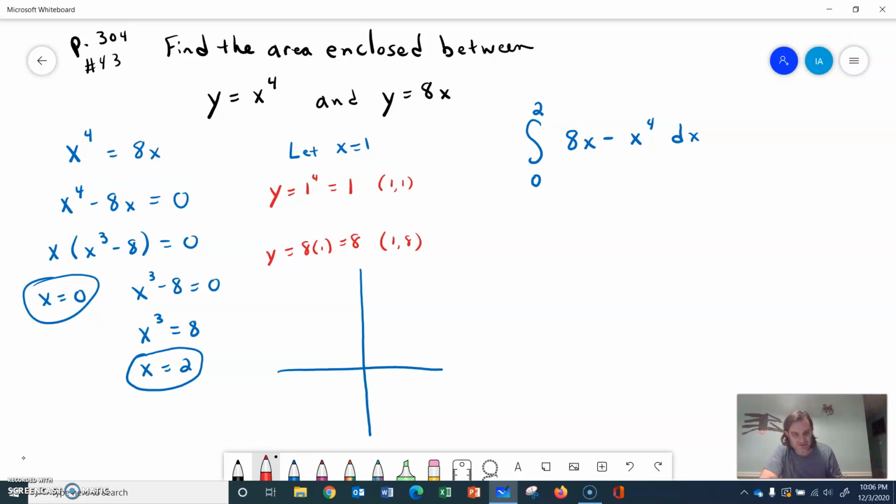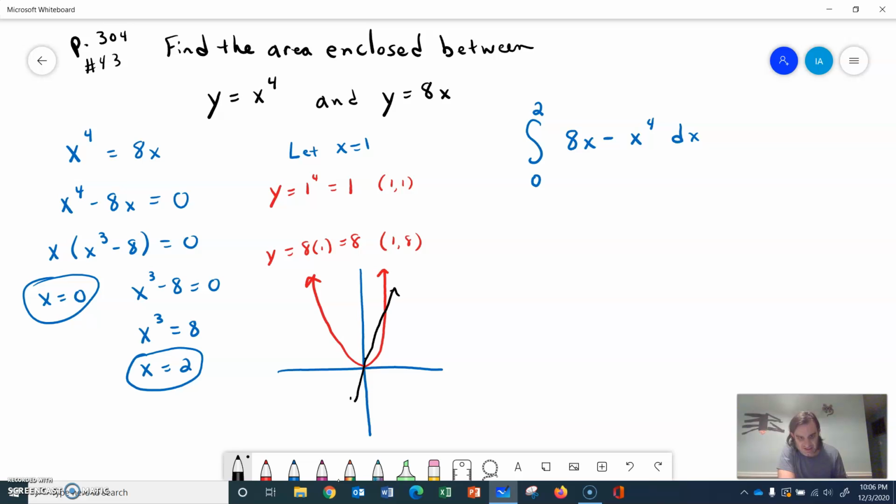I don't know that I can graph it very well. But x to the fourth looks kind of like x squared, and 8x looks like a straight line like this.